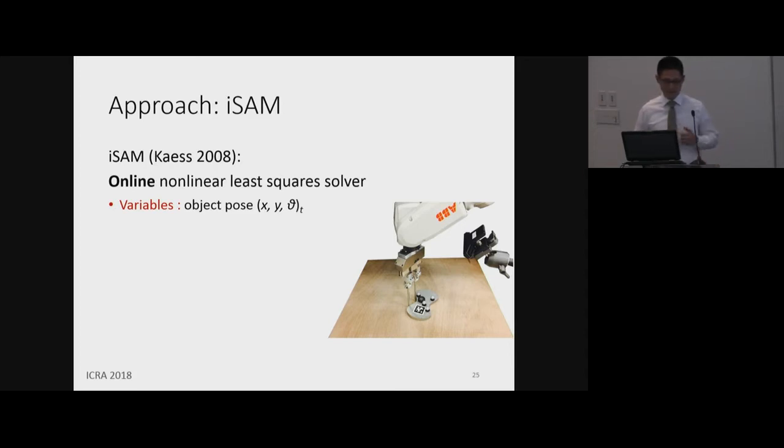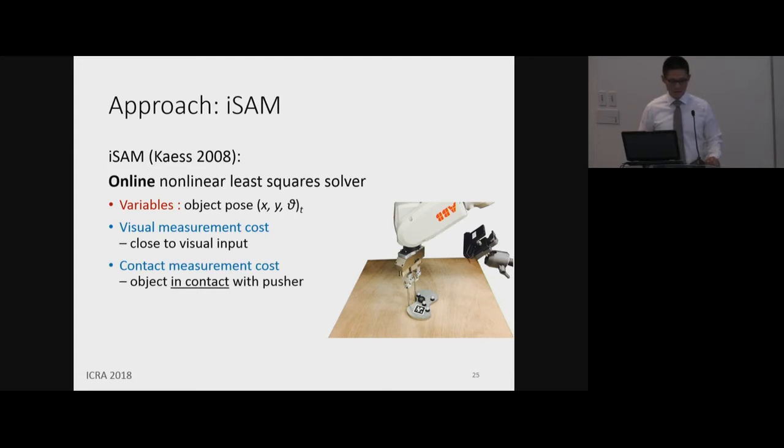The variables here are the object pose at every time step, and there is a visual measurement cost, which means we want the estimate to be close to what the camera says. And there's a contact measurement cost, saying that when there's contact happening, the pusher should be just right in contact with the object, not contacting remotely or having penetration.